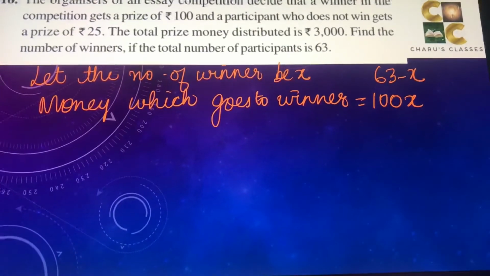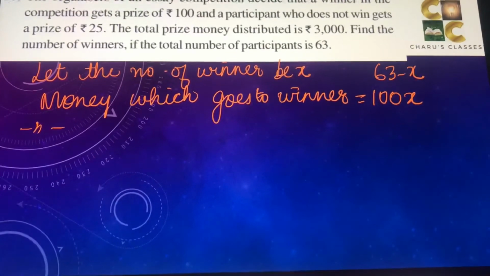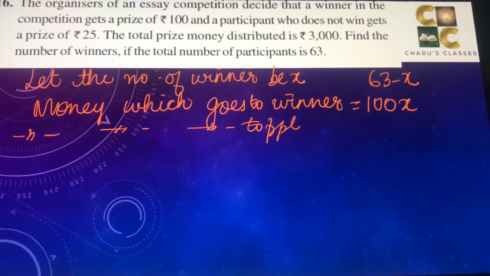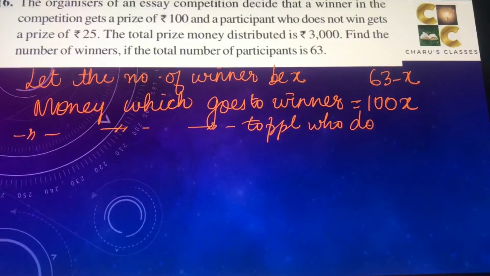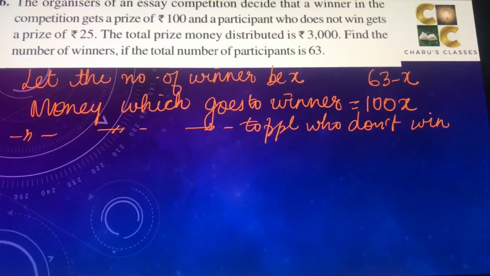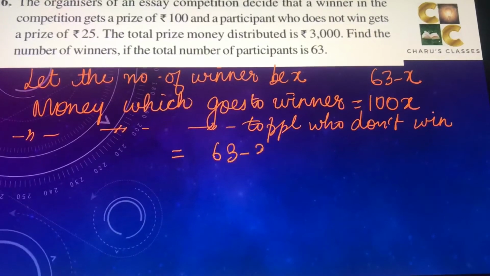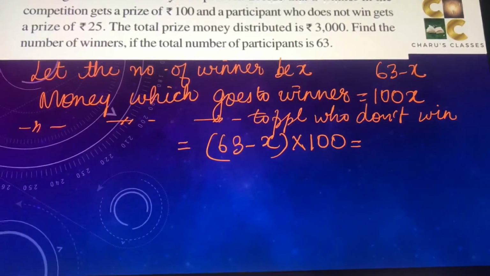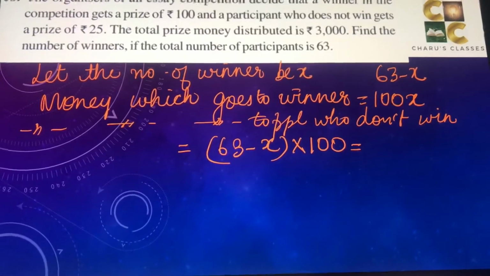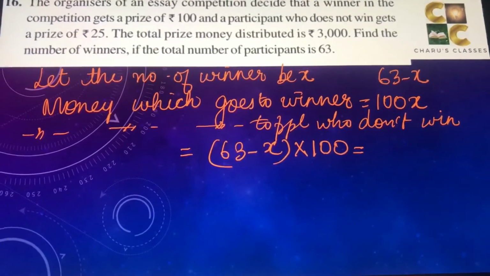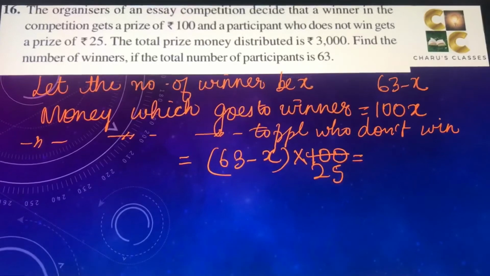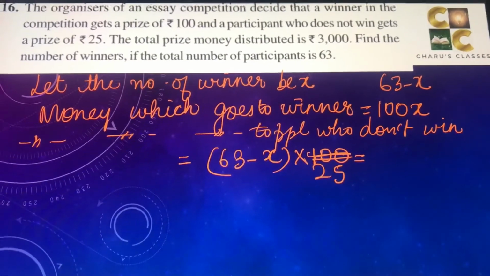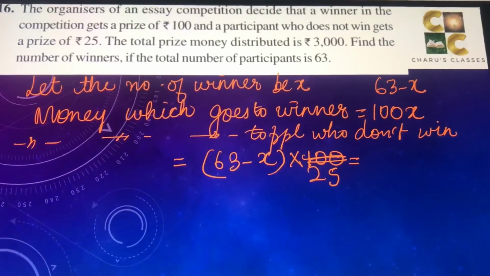And the money which goes to people who do not win, वो लोग कितने हैं, 63 minus x into 100. That means, sorry, not into 100, since they are getting 25 rupees each. So 63 minus x into 25.